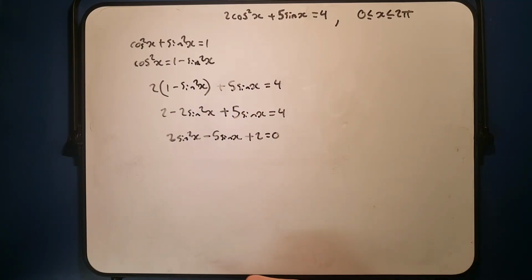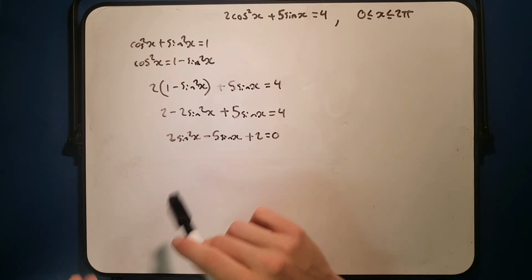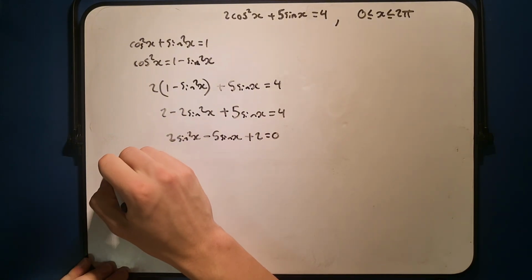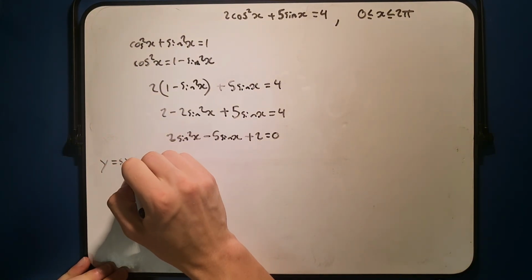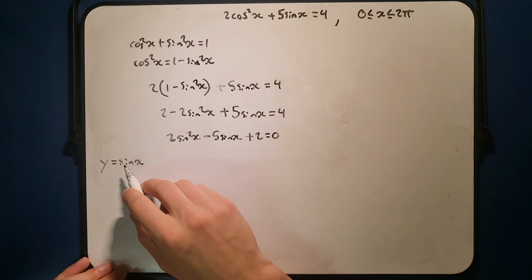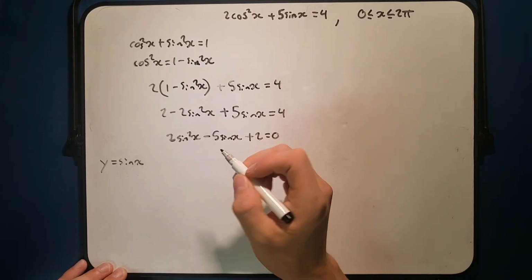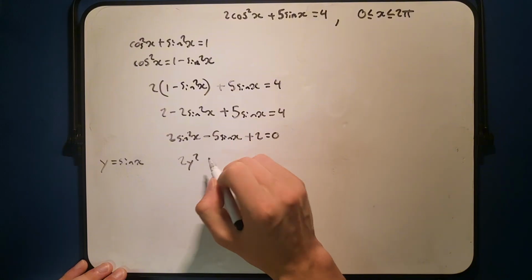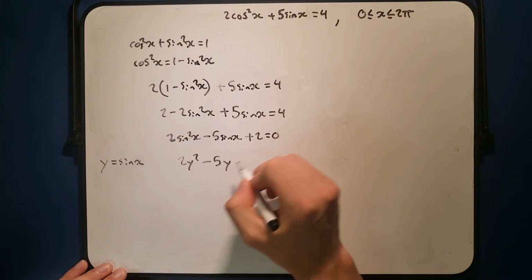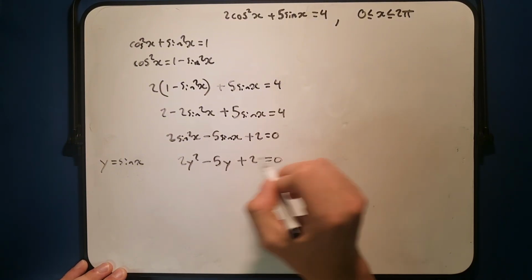Now once we have this quadratic, what I like to do is sub the trig function for a variable. So I'm going to make y equal to sine x. So I can sub in y for sine x, and then I'll have a simple quadratic. So I'll have 2y squared minus 5y plus 2 is equal to 0.